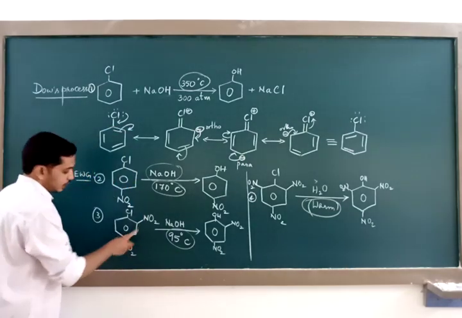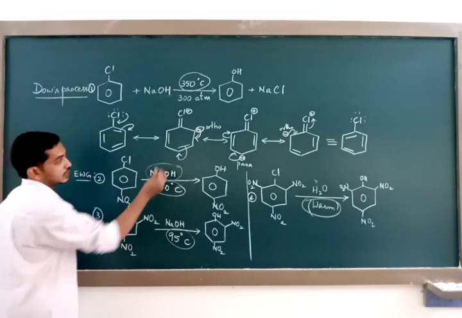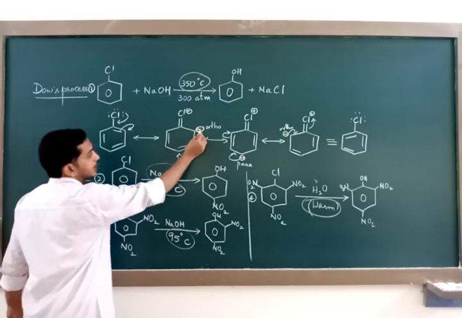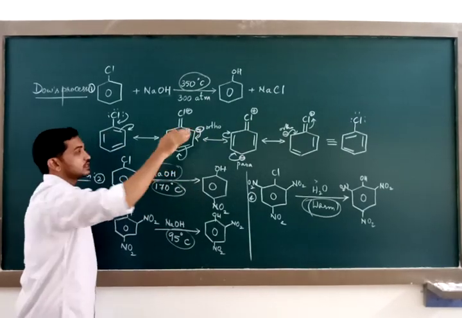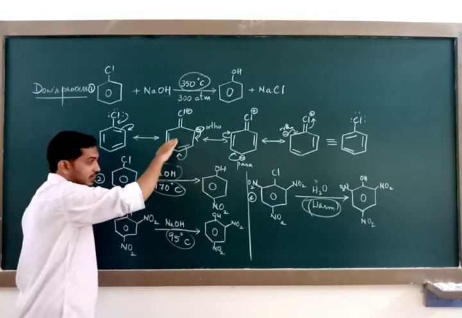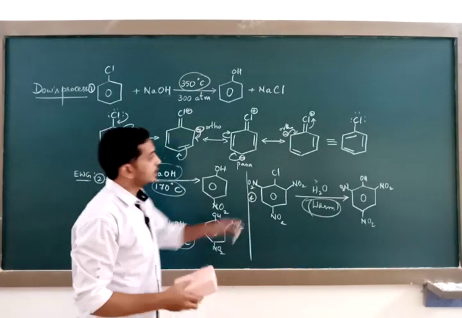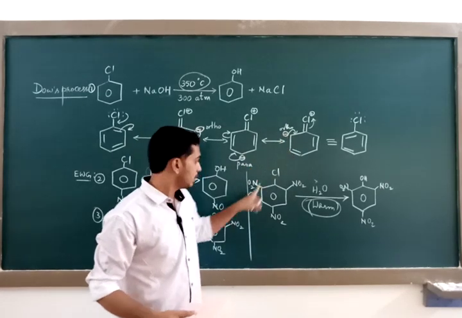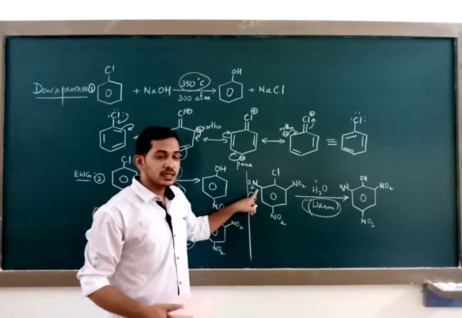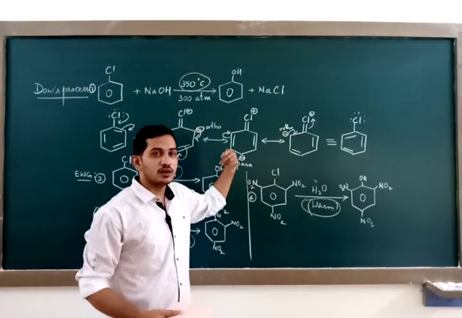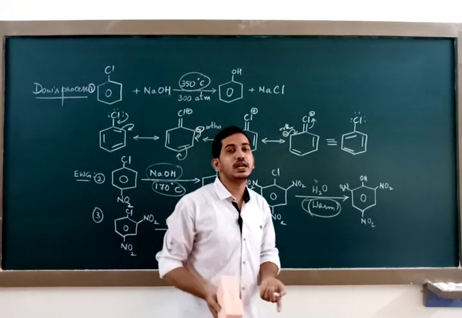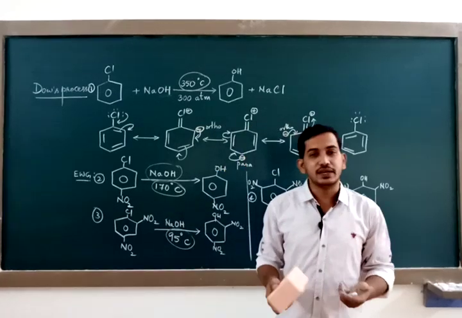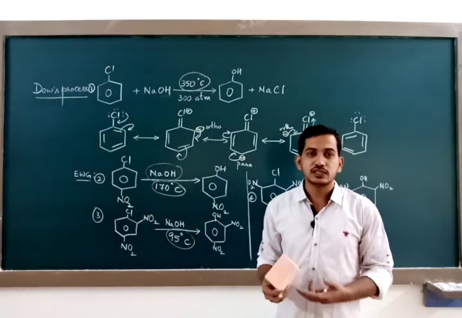Similarly, when there are two nitro groups, say from here the electron density appeared at ortho, here if nitro group is present, it pulls away the electrons. Second time again it appears at para, there again it pulls the electrons. Third, it appears at ortho, here also if an electron withdrawing group is present, if this also pulls away the electrons, then benzene becomes much more electron deficient, making it very easier for nucleophilic substitution.